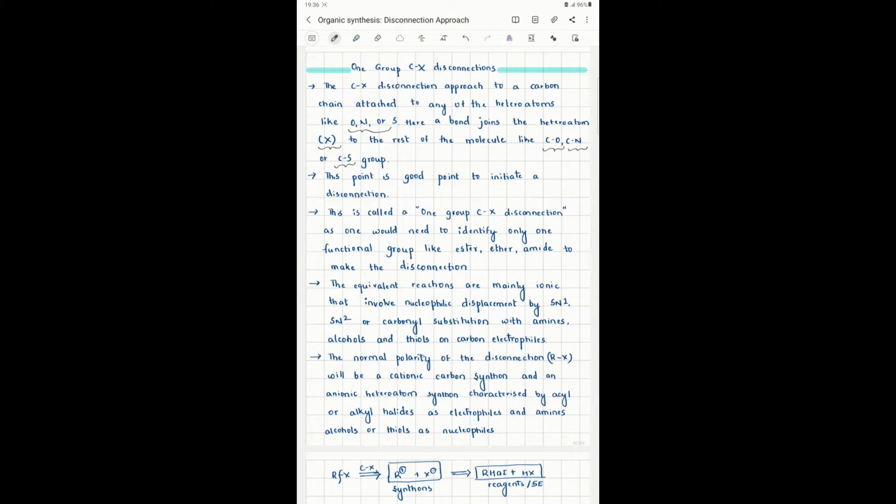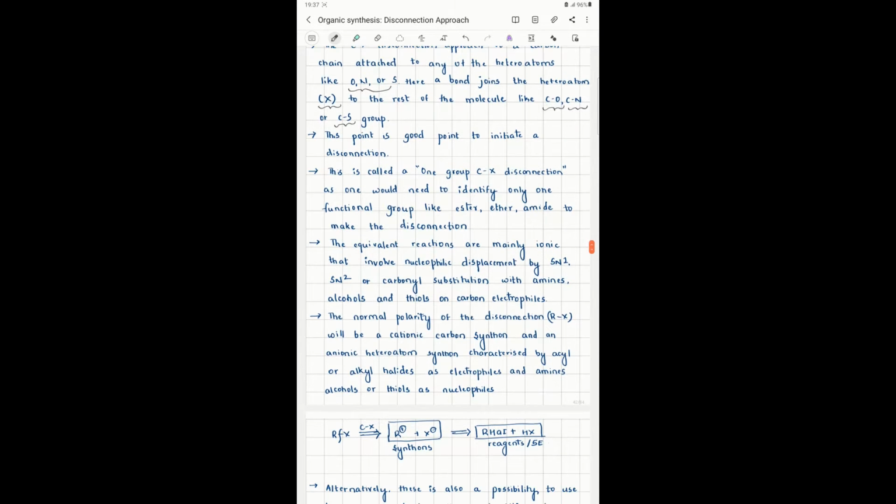Now why do we choose this particular bond? Because it is a good point to initiate a disconnection. If we choose these bonds, we can easily disconnect the system and do a retrosynthetic analysis, and also we can arrive at synthetic equivalents which are easily available, and further utilizing those synthetic equivalents we can achieve our target molecule.